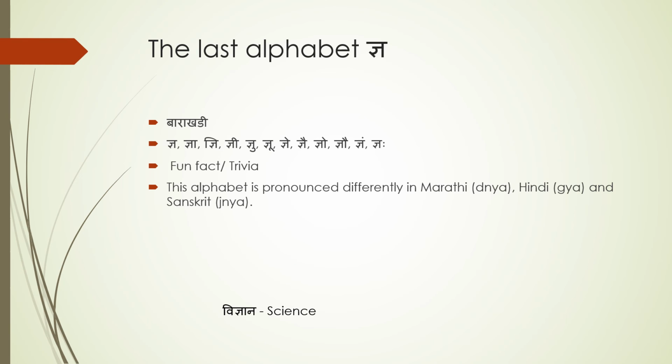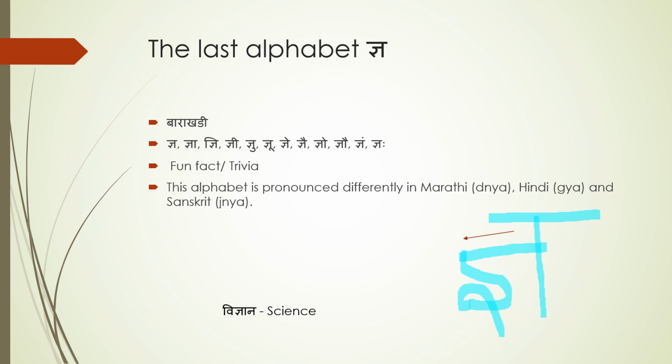The last letter in the list of alphabets is Dnya. Dnya comes in various pronunciations in different languages. For example, in Sanskrit, it is pronounced as Jna, and in Hindi, it is pronounced as Gya. Let's see how to write a Dnya. Start with a small sleeping line, and to that sleeping line extend an S, and to that S draw a tail, and then a standing line connected to the original sleeping line and finish it with the top line.